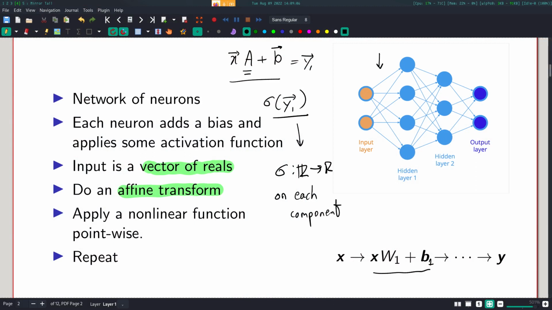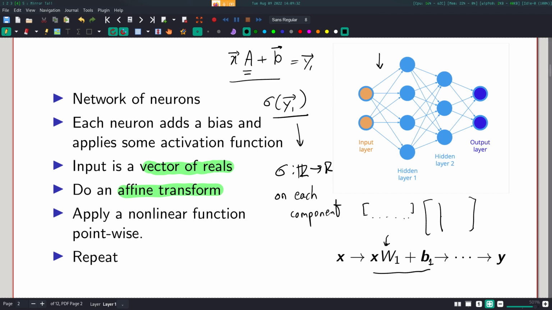So this is one notational way of representing a neural network, right? In this affine transform, this matrix corresponds to the weighted sum that we had previously, right? I have taken vectors to be row vectors here. So if I take vectors to be row vectors, then you can imagine that this is all your components of X, and this will be your matrix.